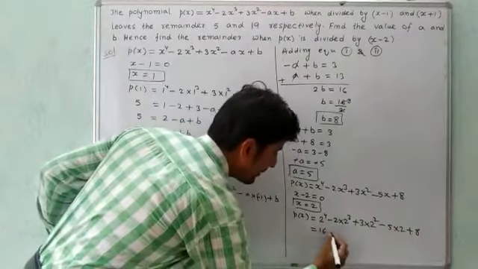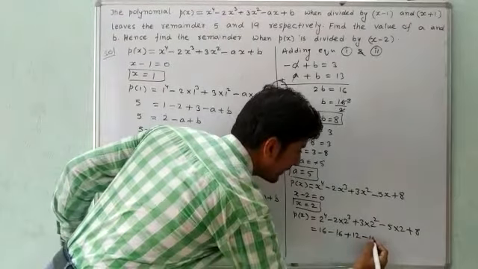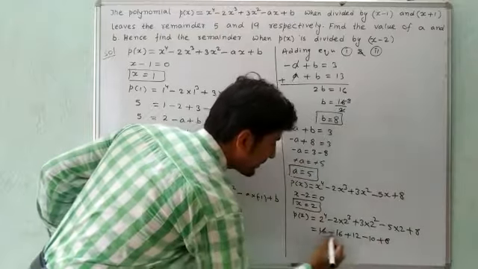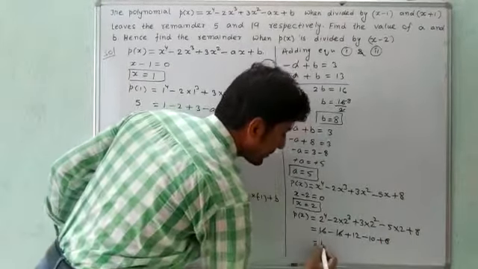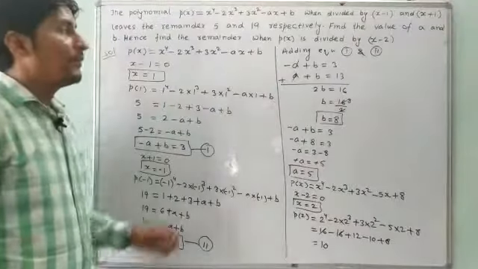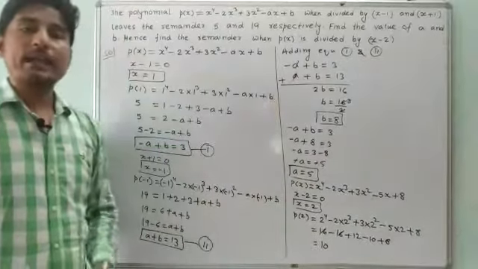Here we can write 16 minus 16 plus 12 minus 10 plus 8. 16 minus 16 both will cancel. 12 plus 8 20. 20 minus 10 equals to 10. It means when we divide polynomial p(x) by x minus 2, then we will get 10 as the remainder.